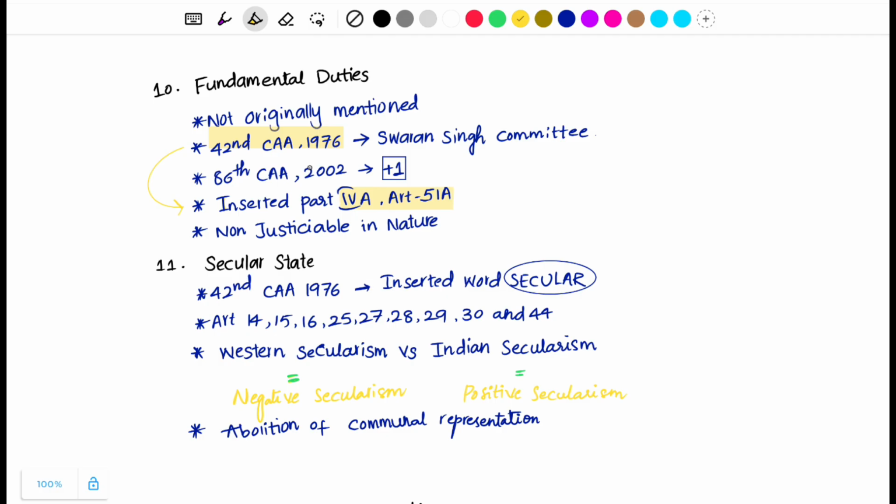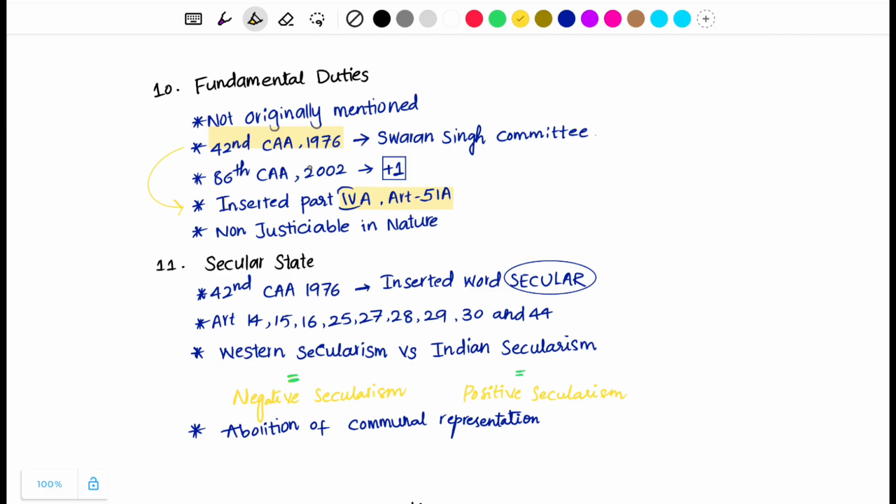The 42nd Constitutional Amendment Act of 1976 is also called the mini constitution, because many things were amended by using this 42nd Amendment Act. The Swaran Singh Committee recommended the addition of fundamental duties in the Constitution.